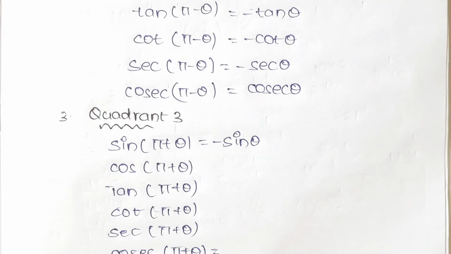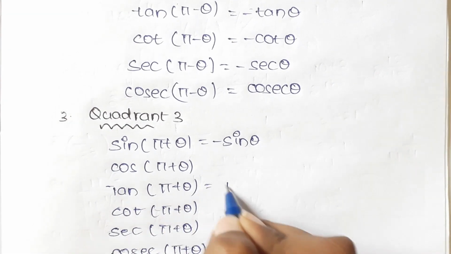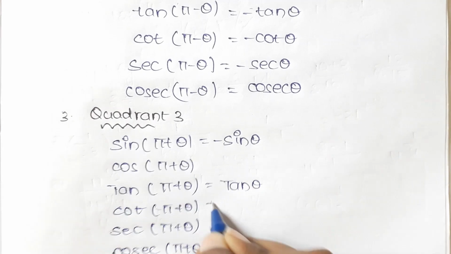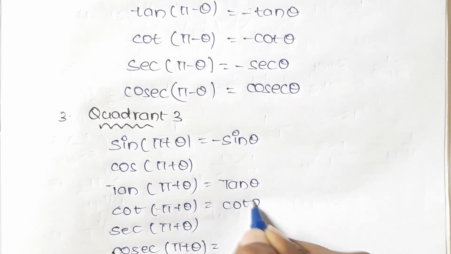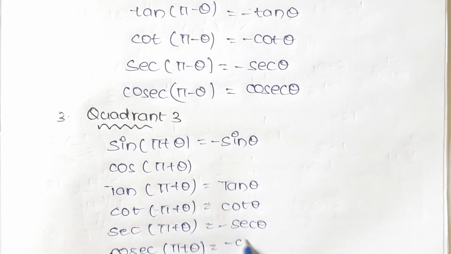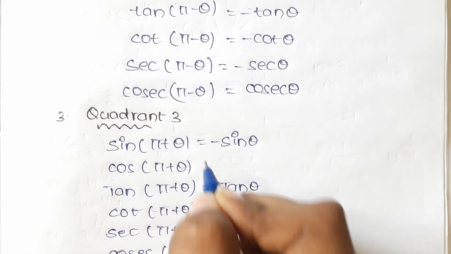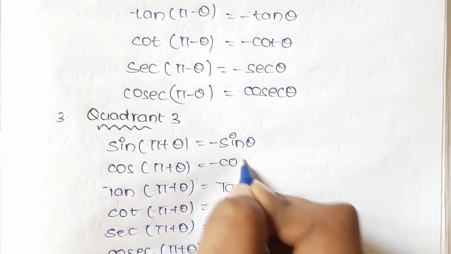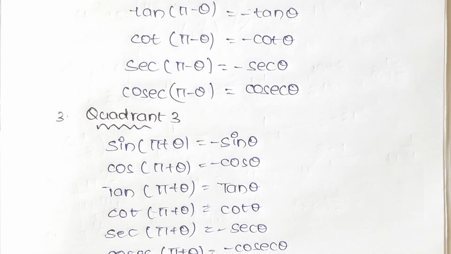Here in the third quadrant both tan and cot are positive, so tan theta, and here cot theta, and the others are negative: minus secant theta, minus cosecant theta, and minus cos theta. And this is about the third quadrant.